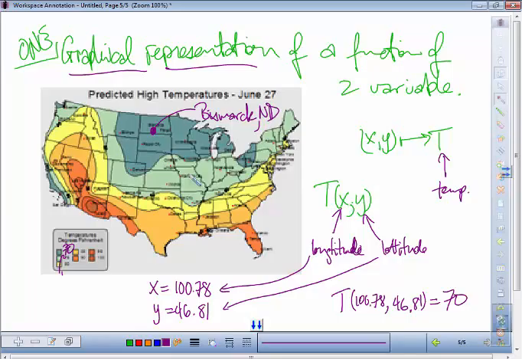You have an input, and your output is going to be a unique output. It says that your output is going to be 70, and if you were to put this into your formula again, it's always going to be 70. It's always going to be the same output. Okay? So that's one way to represent a map or a function of several variables.